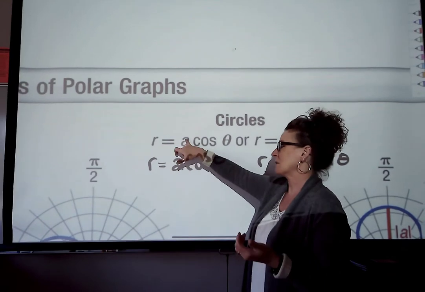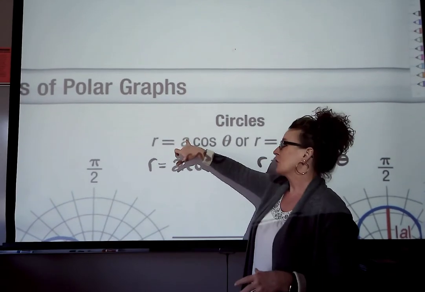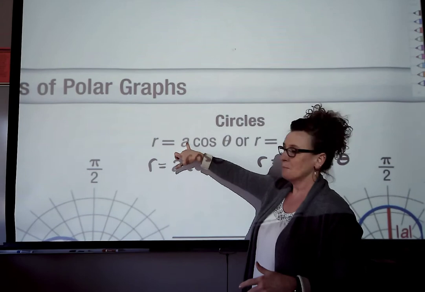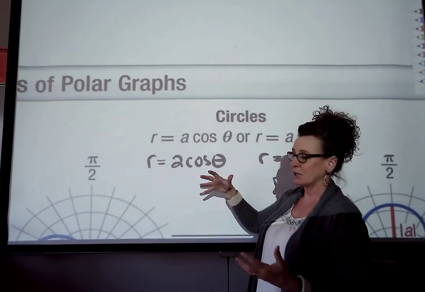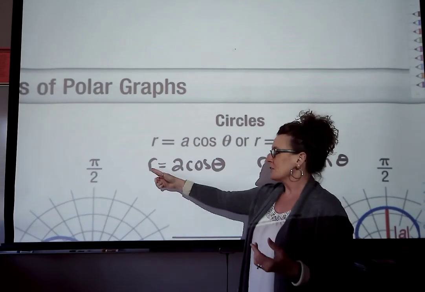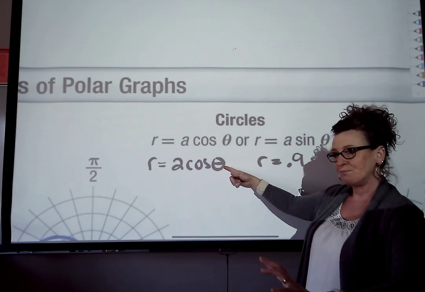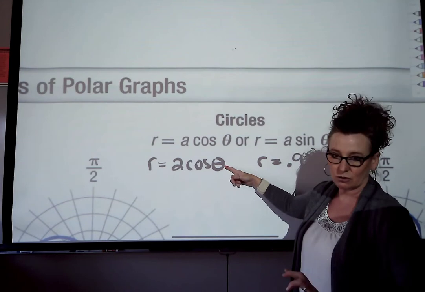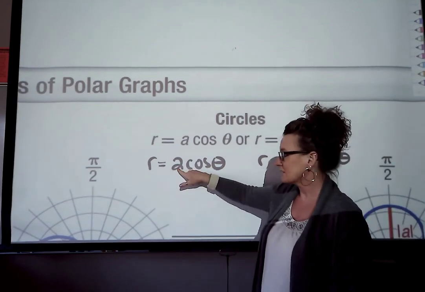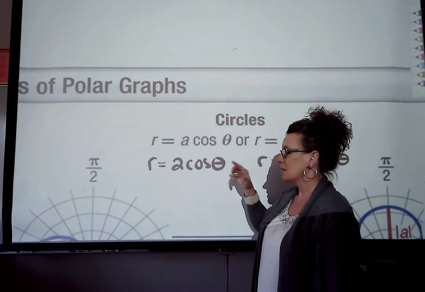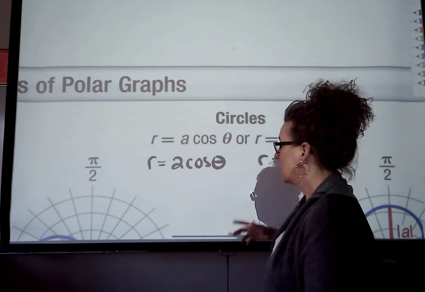So this just represents some number, any number that could be out in front of cosine. But theta is our variable here. So, for example, here's a polar equation whose graph is a circle. A is the constant here, that's 2. Theta is our variable.